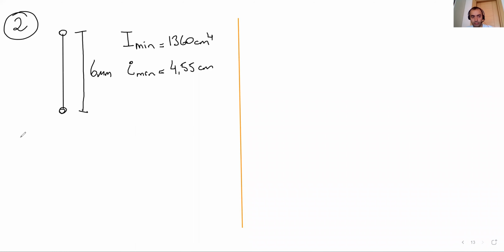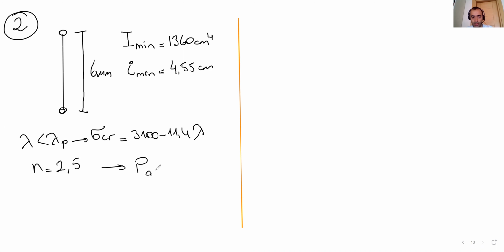So if lambda is less than lambda p critical, the sigma critical equation is given here, and here 2.5. So what is P allowable?